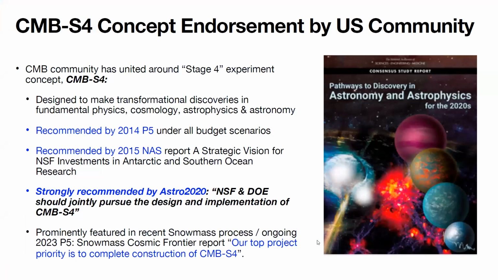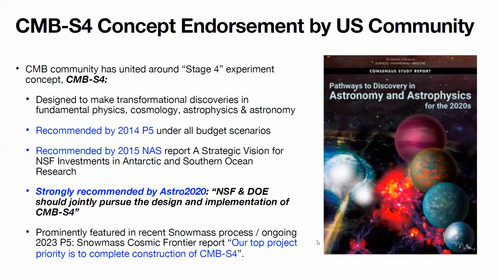The idea of building a CMB-S4, a stage 4 experiment, has received a lot of support within the community, gone through quite a number of reviews already. National Academy of Sciences report talking about NSF investments in Antarctic research, the decadal survey in the US, the National Academy's report Astro2020, and then the NSF Physics and Department of Energy reports, the Snowmass process, saying basically our top priority is to complete construction of CMB-S4 was the community assessment.